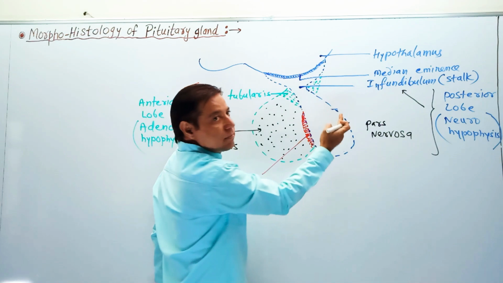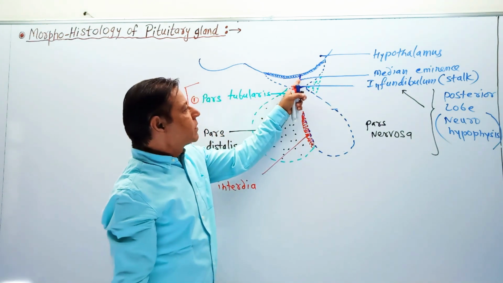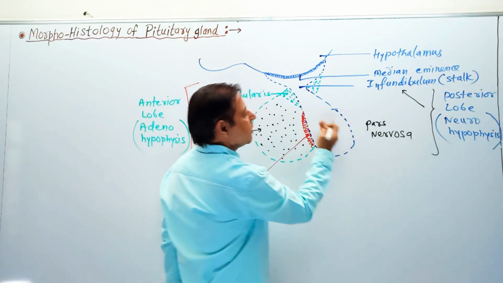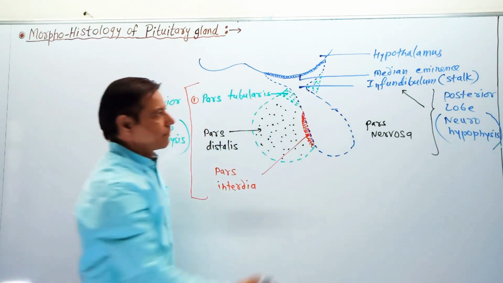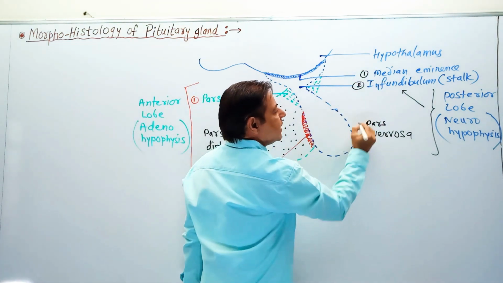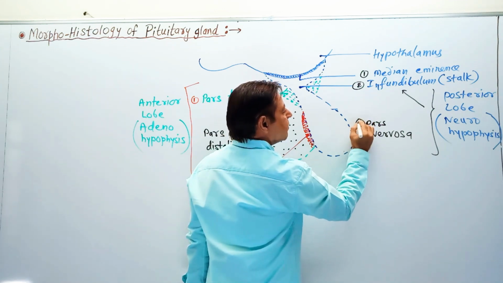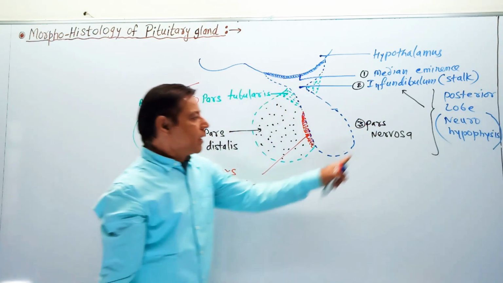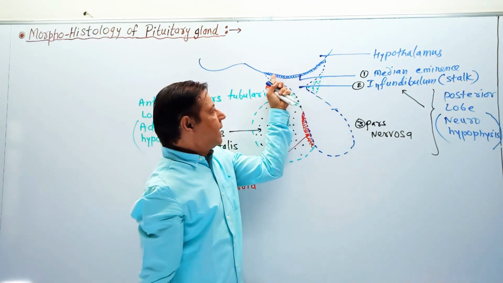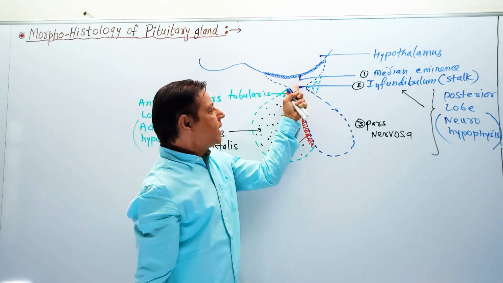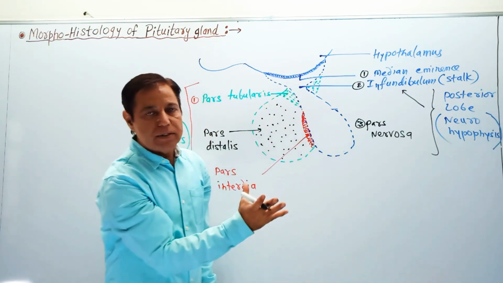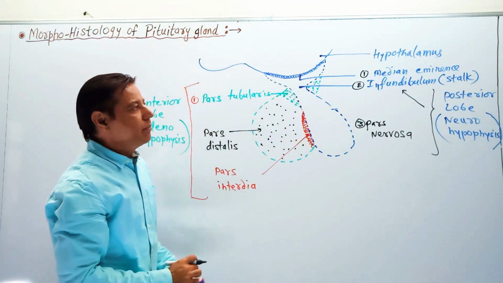But in some reference books, median eminence is also considered as a third part of the posterior pituitary. One, median eminence; second, infundibulum; and third, pars nervosa, means nervous part. The attachment portion where the pituitary attaches to hypothalamus from lower aspect is called median eminence.